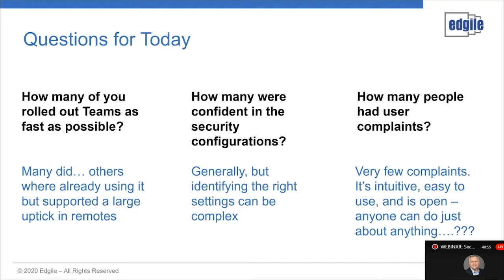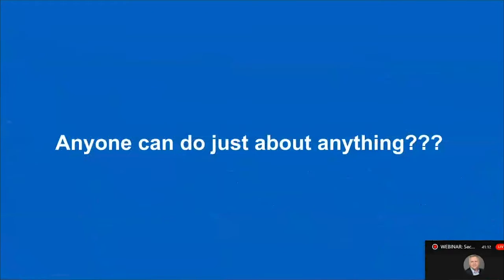And then how many people had user complaints? This was an interesting one. We didn't hear many. There's a little bit of ramp up that you have to do with Teams to figure out how it works and how to search things and stuff. But once you get that down, anybody can do anything. And what we found was, anyone can do just about anything.